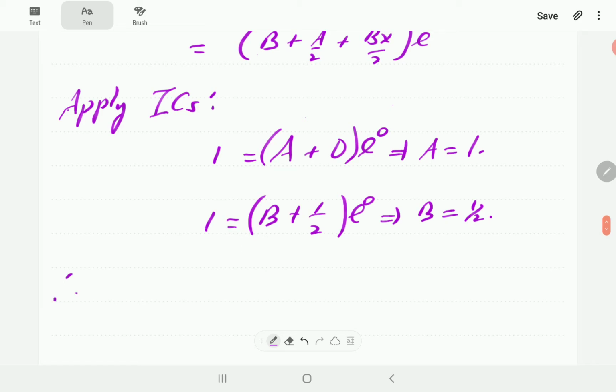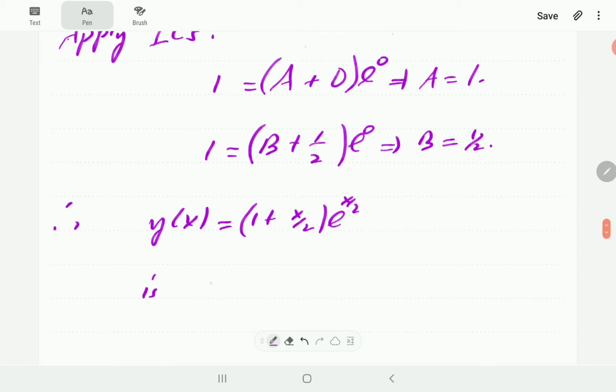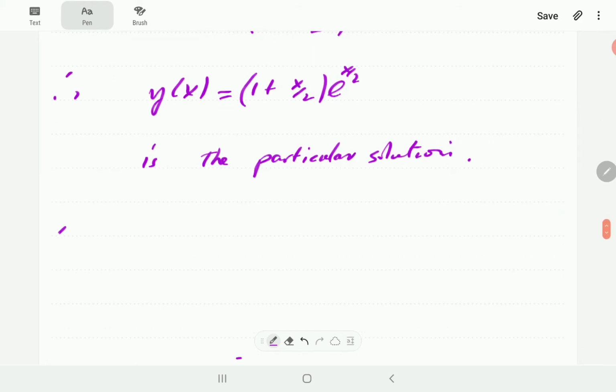So this is telling us that y of x equals (1 plus x over 2) e to the x over 2. This is the particular solution for part B.